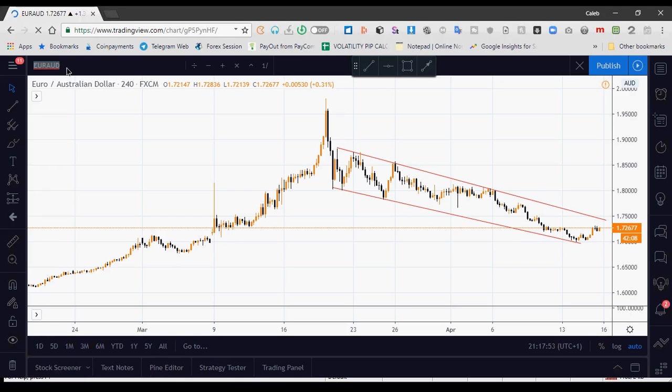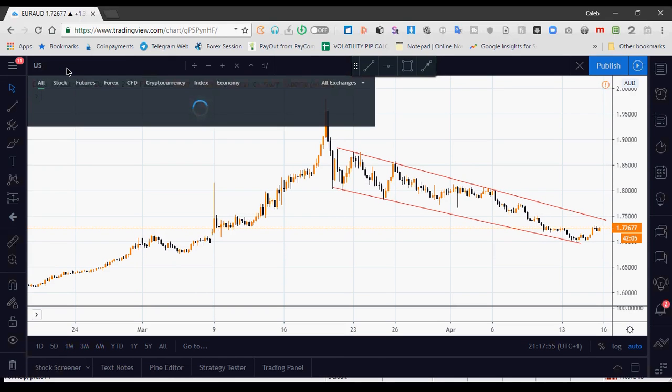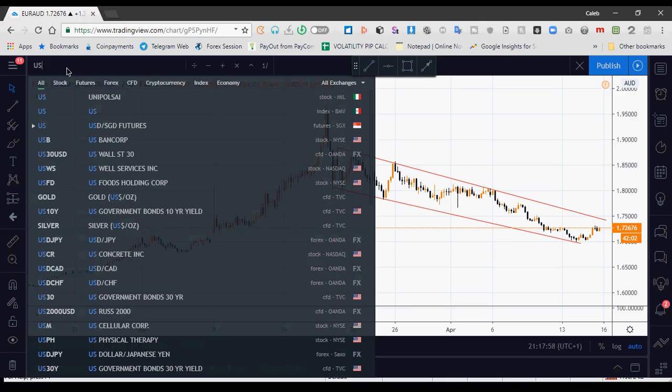If you want the US index, you can see it right there. Just put US dollar.